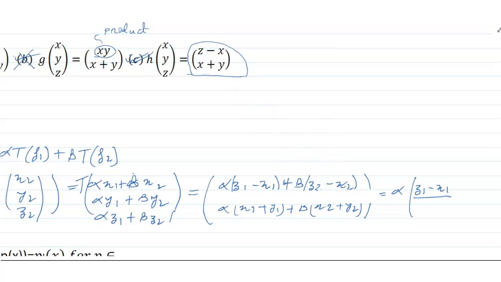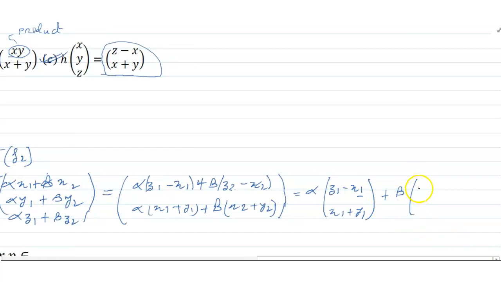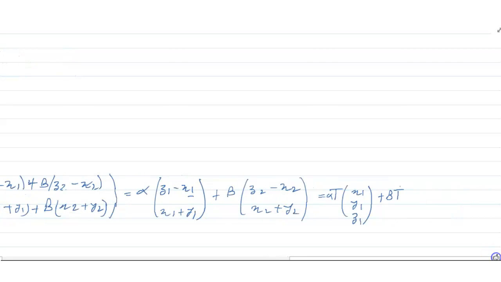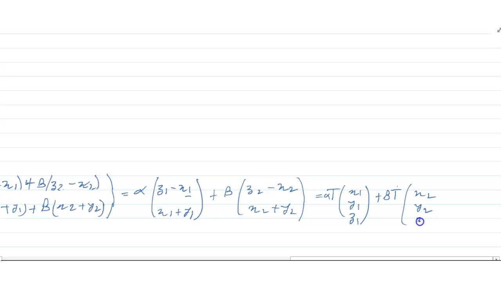This is the way it can be written, plus beta z2 minus x2 divided by x2 plus y2, and equals alpha T of x1 y1 z1 plus beta T of x2 y2 and z2.